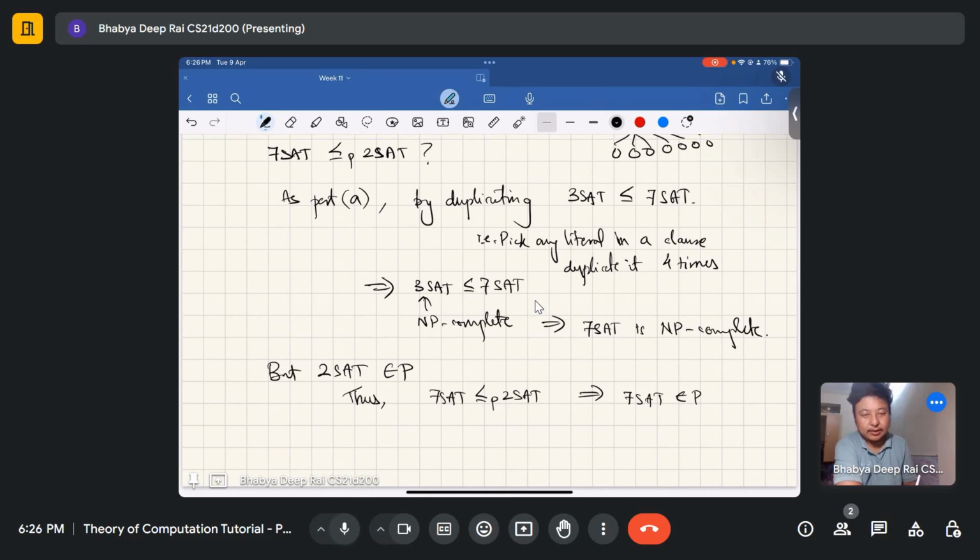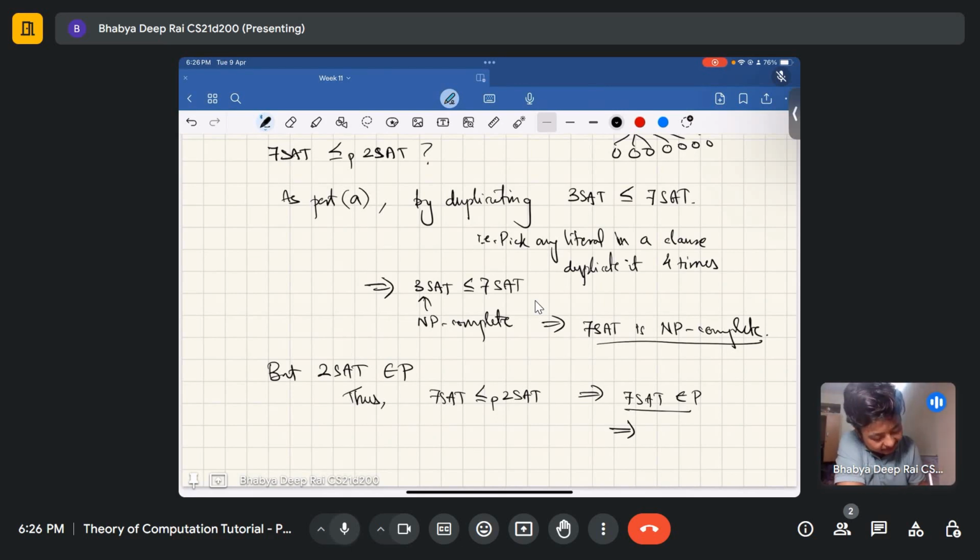Now, if 7 sat is in P and 7 sat is NP complete, what does that mean? This would mean that if I show that an NP complete language is in P, then all the difficult languages in NP reduce to a polynomial time language, a P language.